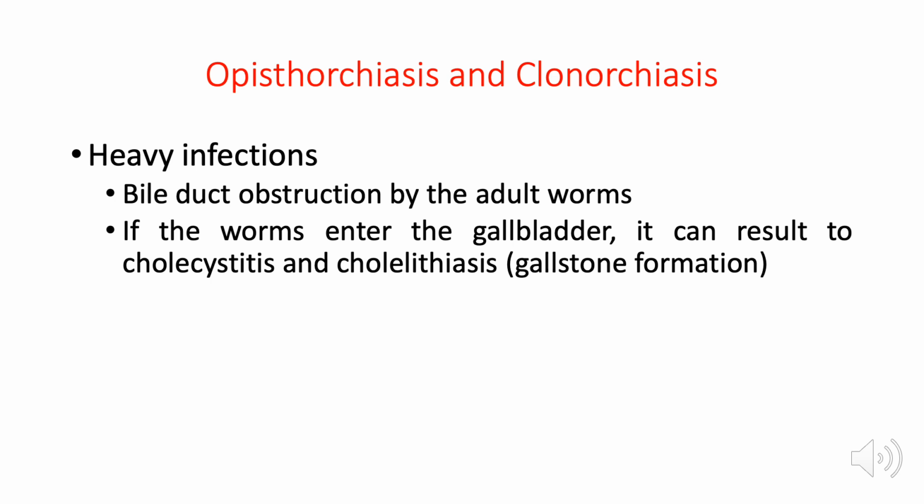And supersaturation of the bile will cause formation of gallstones. And some of these worms can even enter the lumen of the gallbladder and initiate infection there, and it's referred to as cholecystitis.